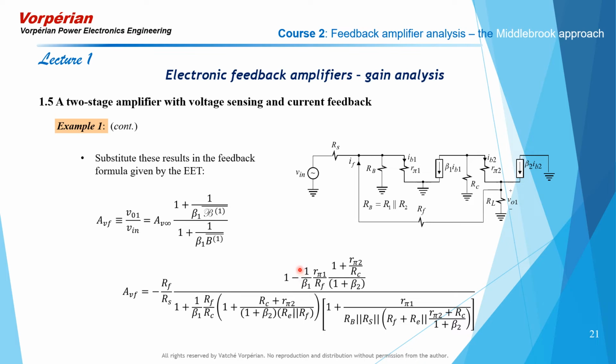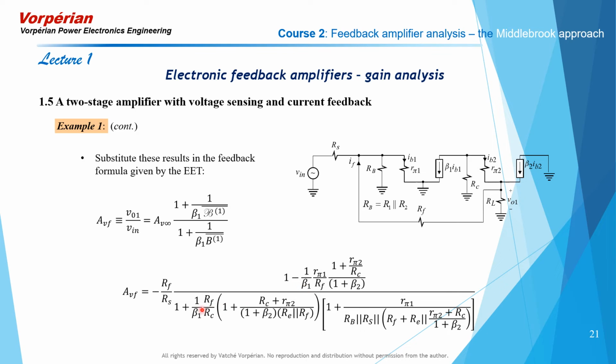Now, there's a minus sign here, and you're wondering where that comes from and whether that has any significance or not. Indeed, it does. Well, let's look at this expression first by letting β1 go to 0.